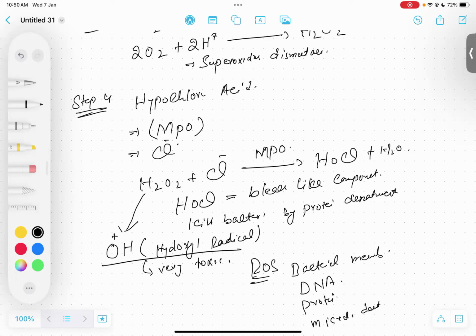And there is another type, oxygen independent killing, and those are lysozymes and granzymes, which is usually carried out by cytotoxic T cells. Okay, doctor? So this is the main point regarding respiratory burst.